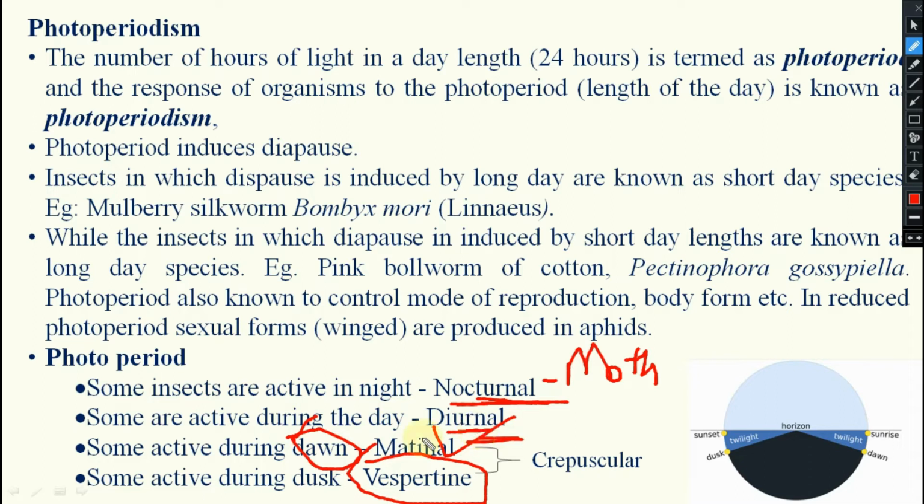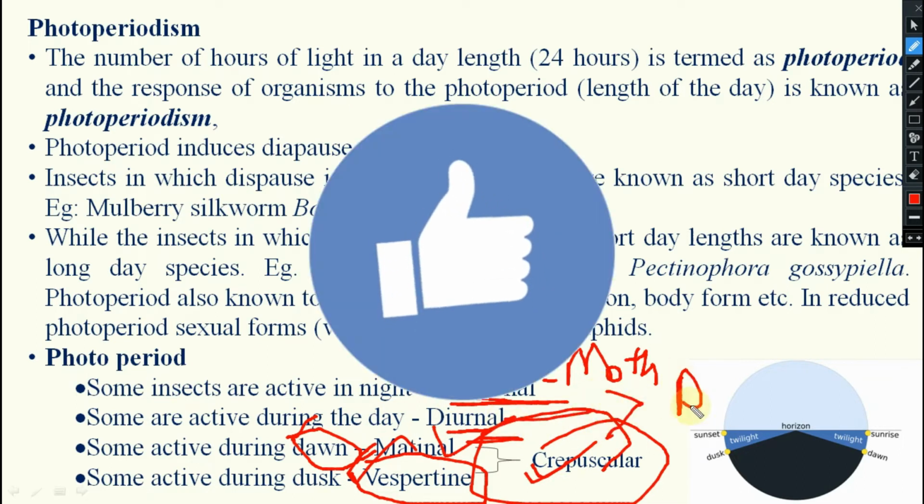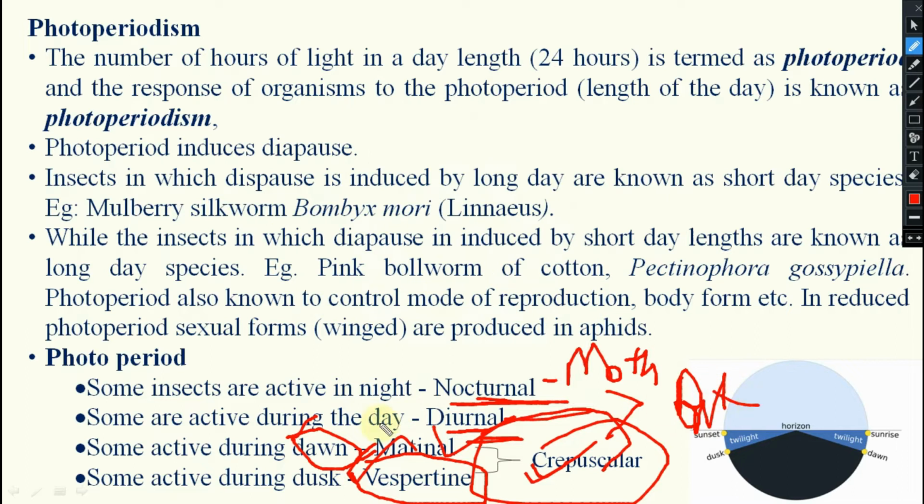They will be somewhat crepuscular, or matinal and vespertine, that means both times. So diurnal is generally butterflies. Next, some are active during dawn, morning time. Some are active during dusk time, that is vespertine. So I hope you understood the things.